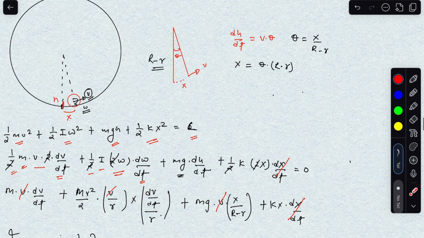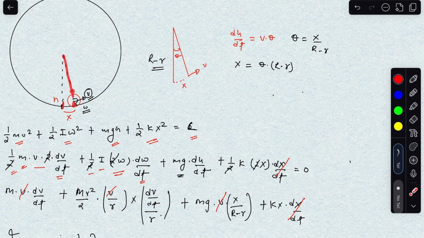Then we have mg, and here we need to be careful. The distance of the center of mass from the ring's center is R minus r, because the complete radius is R and the disk's radius is small r.